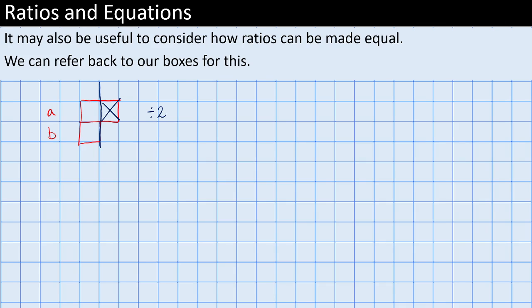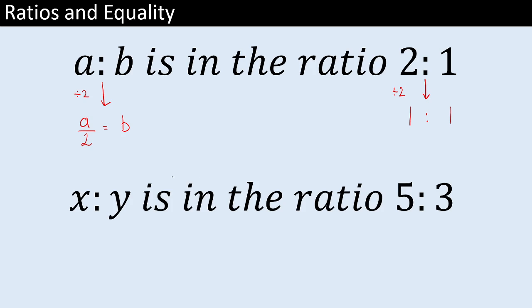Now let's take a look at that second one down here. This says that x to y is in the ratio of 5 to 3. Now, we can't just write x equals y because that's just completely and utterly incorrect. What we have to do is think about how can we make this a ratio where they are both equal.